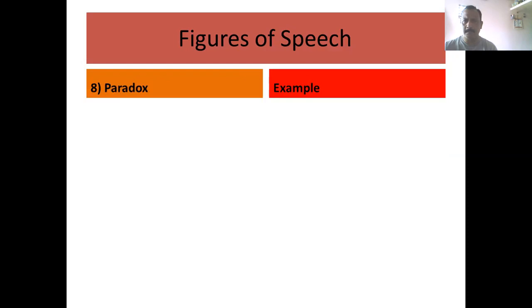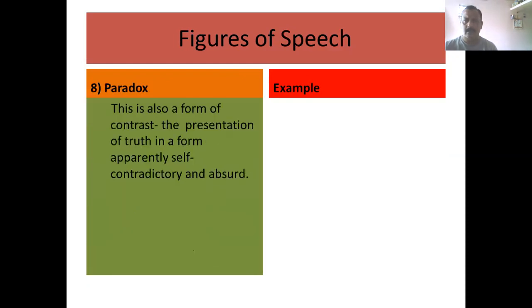Then the next figure which we are going to see here is paradox. This is also a form of contrast. The presentation of a truth in a form apparently self-contradictory and absurd. It means the presentation of truth is there.